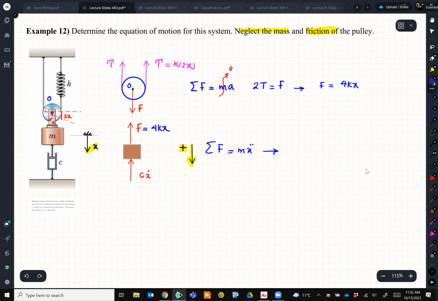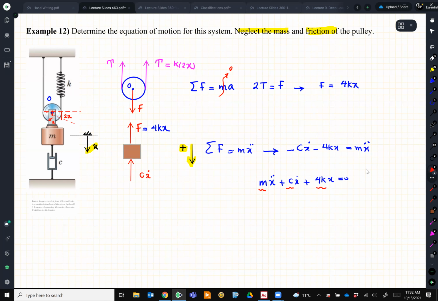I have minus c x dot, I have minus 4kx equal to m x double dot. So my equation now, m x double dot plus c x dot plus 4kx is equal to 0. And again, our standard equation, except that our mass is m, damping coefficient c, and the stiffness is 4k.